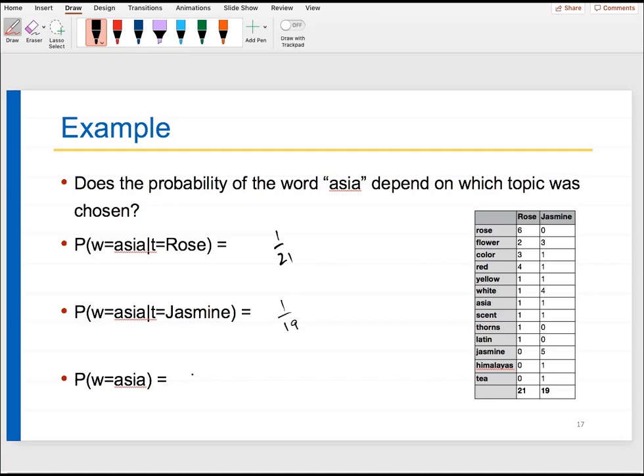And how much is this? Okay, yeah. So 1 upon 21 into 0.7 plus 1 upon 19 into 0.3.